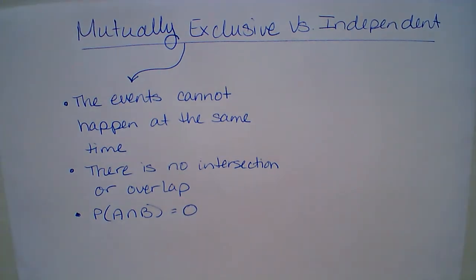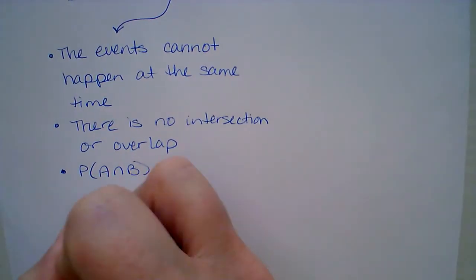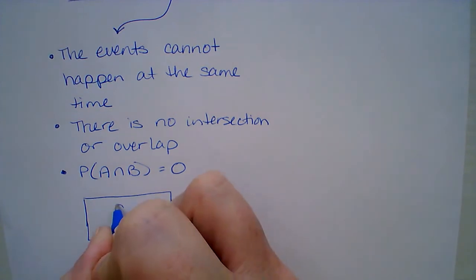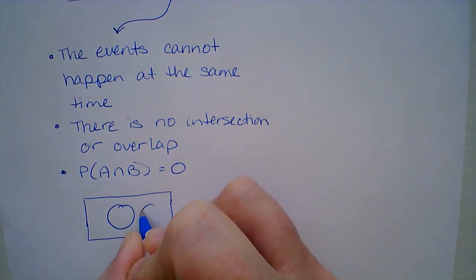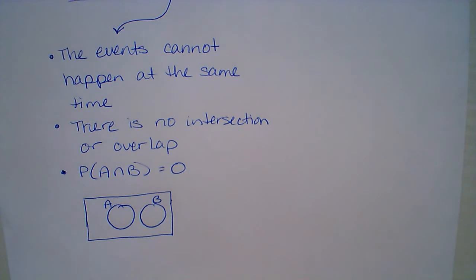This means mutually exclusive. If we look at this visually, if we think about a Venn diagram, this would look like two circles for A and B that don't have any overlap. There's no intersection. If you look at the two lists, there's no elements that appear on both of those lists.